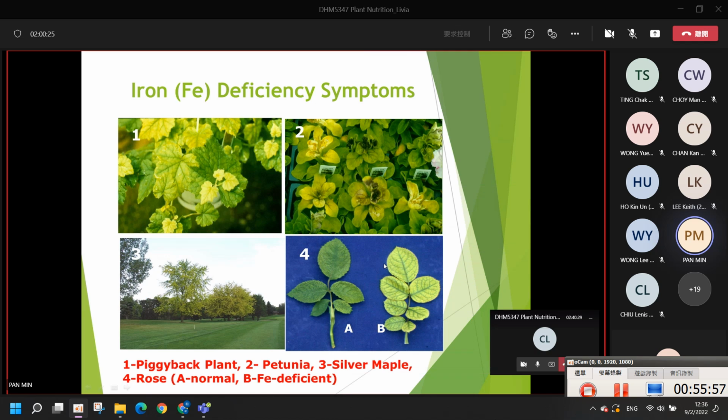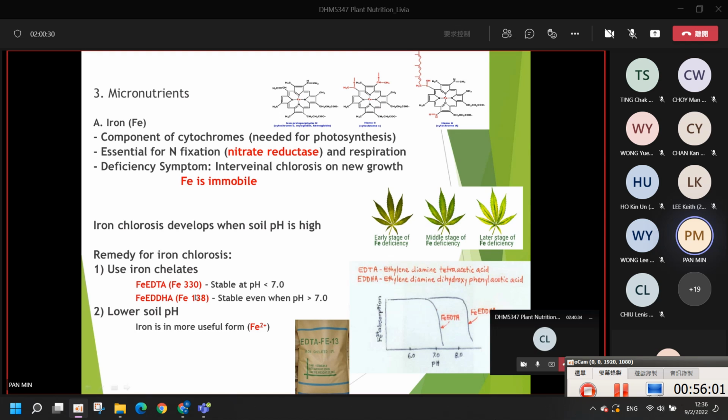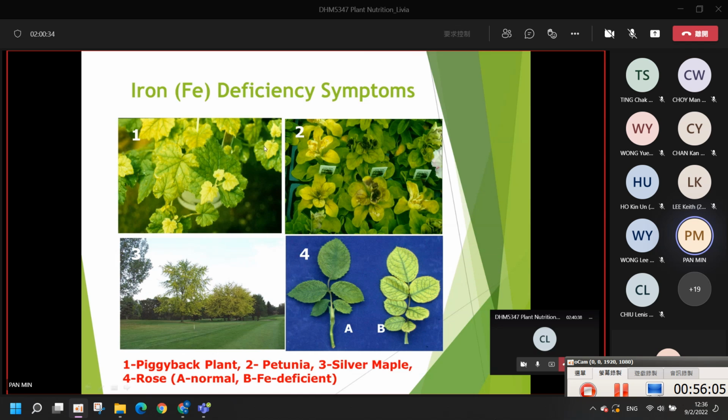I will tell you later why we need to select two different chelates. And here you can see the iron deficiency symptom.